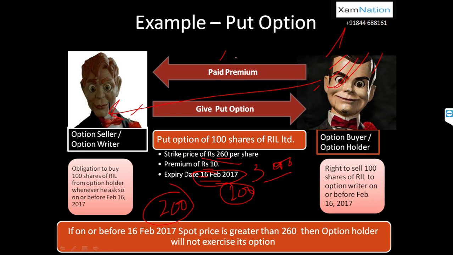Because the premium amount is already paid, and only against that premium amount is he getting the option. There is no chance of recovery of that premium amount. That is called your sunk cost. So your sunk cost will not be taken into account to determine whether you should invest in it or not. Got it?